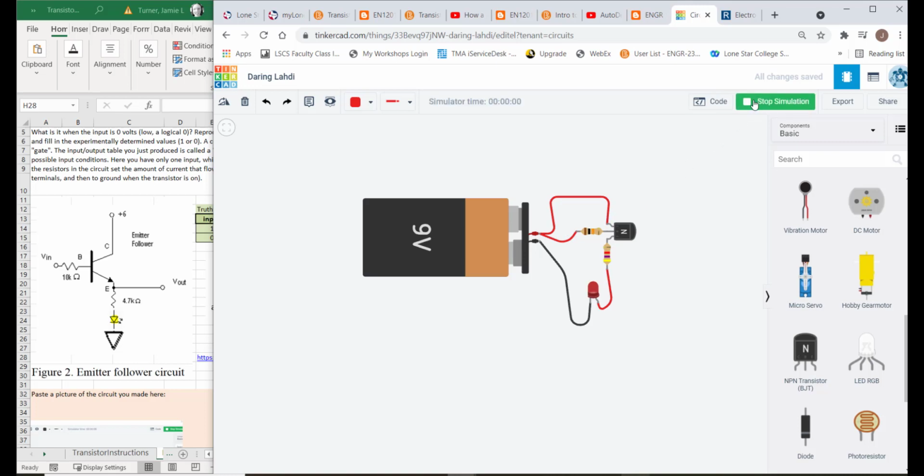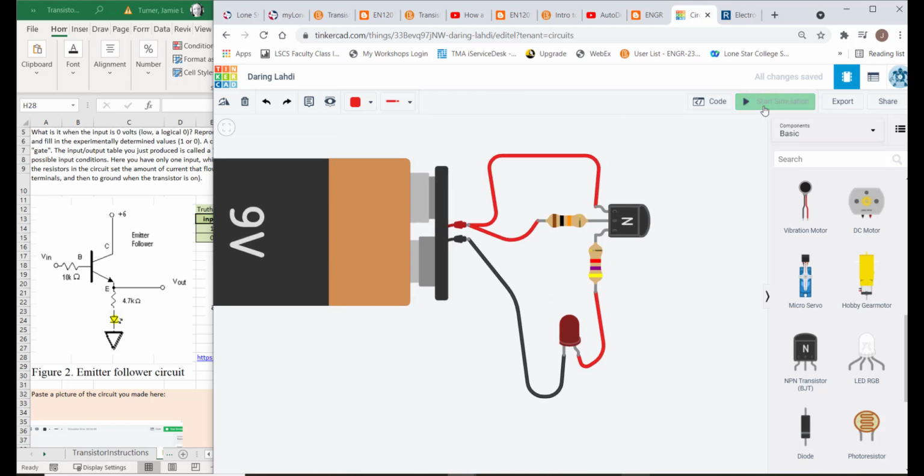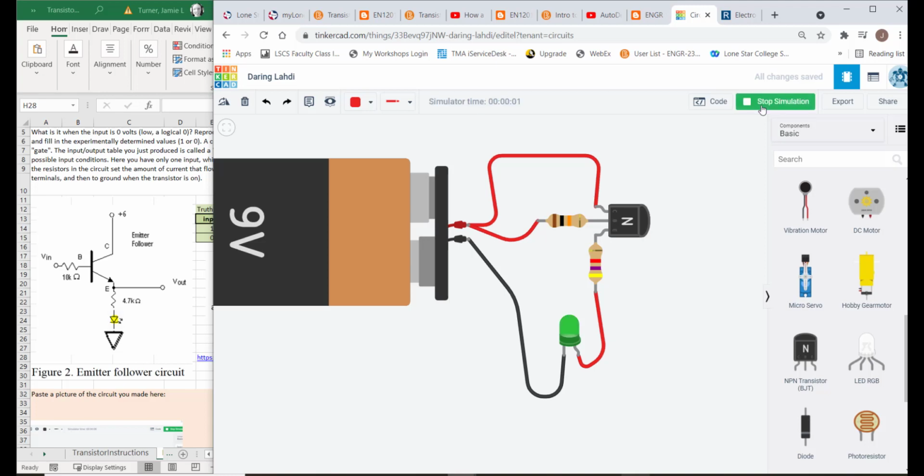So now if I start my simulation, you can see that my LED is in fact turning on and off. Maybe I should change the color of that so that it shows up a little bit more, green show up more. There we go.